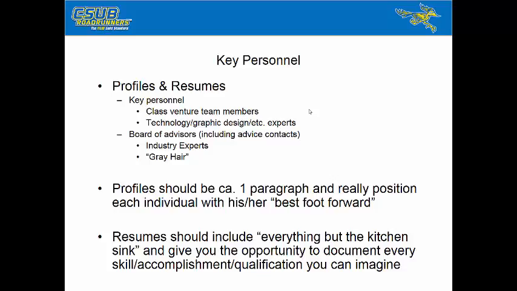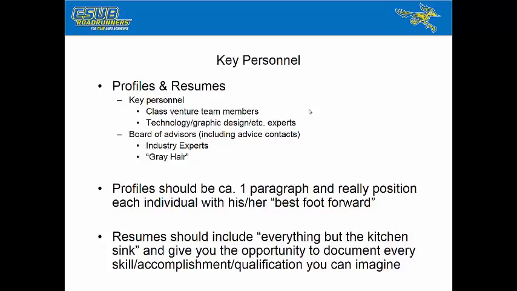You also need a board of advisors. And this could be very informal. It could be a formal board where you actually have people sign a form saying they're part of the board. But the important thing is that you actually have people who have been there and done that as part of your advising team. And you want, I say gray hair here.